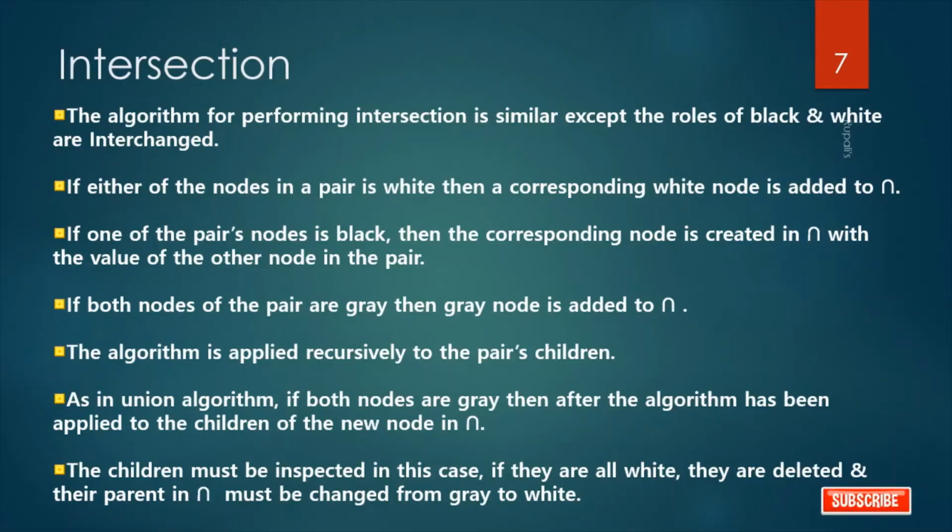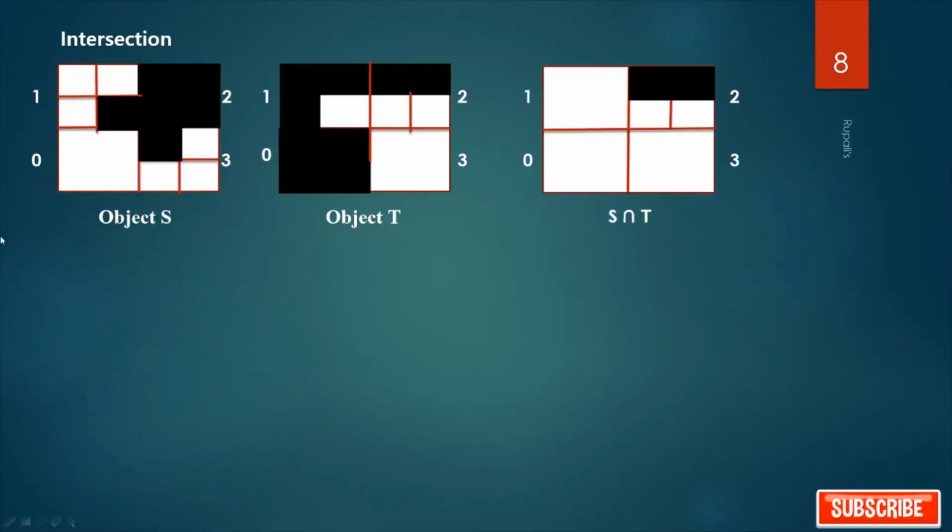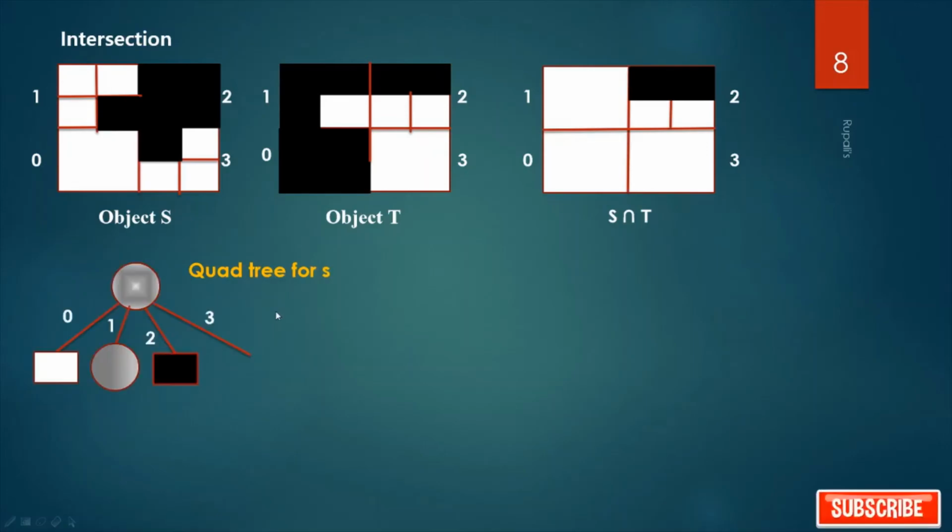If they are all white, they are deleted and their parent in intersection must be changed from gray to white. So in the case of intersection, just the roles of black and white are interchanged and the rules are the same.